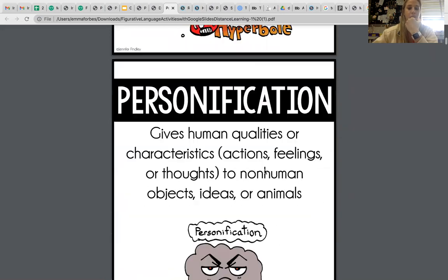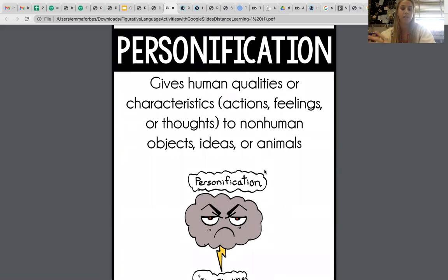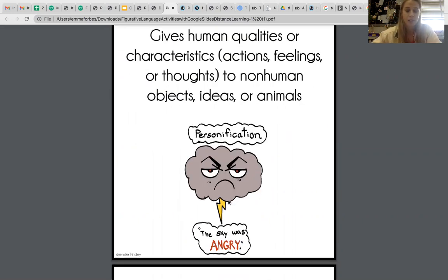Let's go down to personification. Personification is giving human qualities or characteristics such as actions, feelings, or thoughts to non-human objects, ideas, or animals. So you're making anything that's not human, human, or giving it a person-like effect. For example, we have this cloud, and it says the sky was angry.